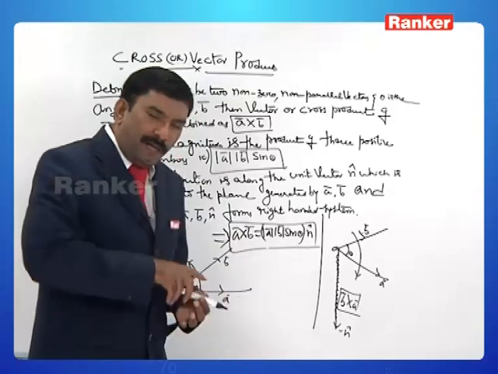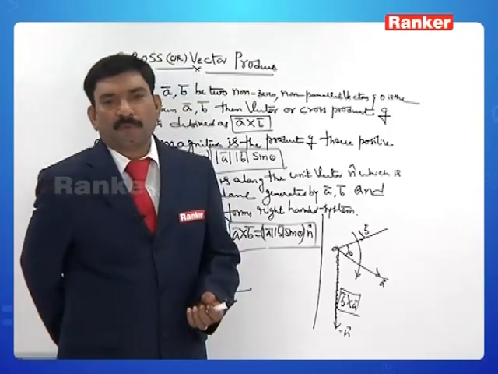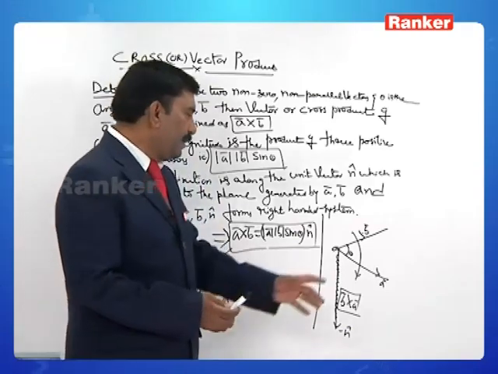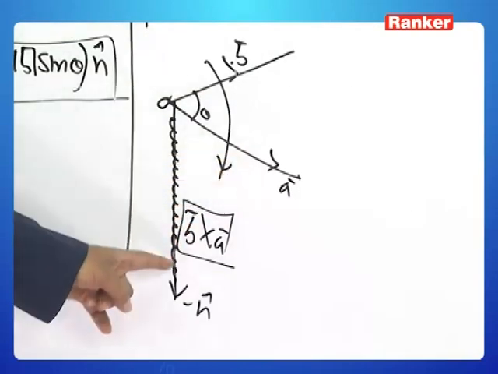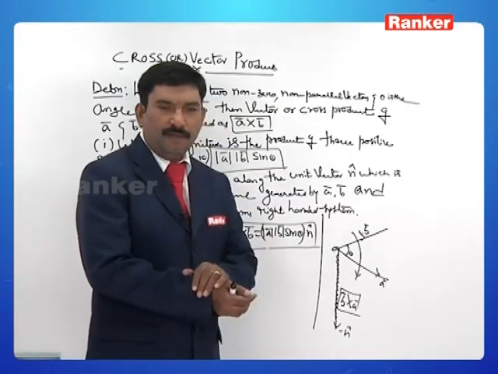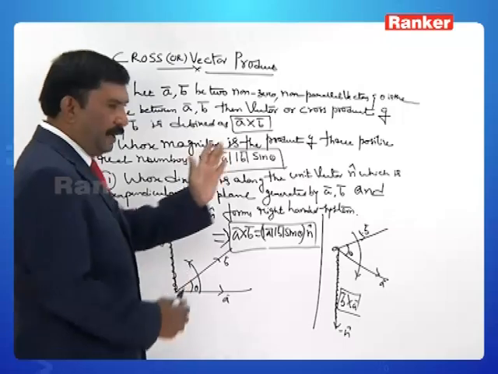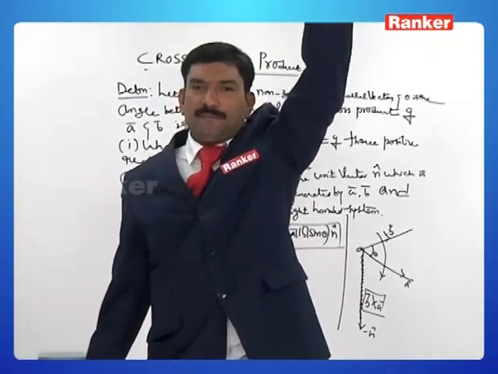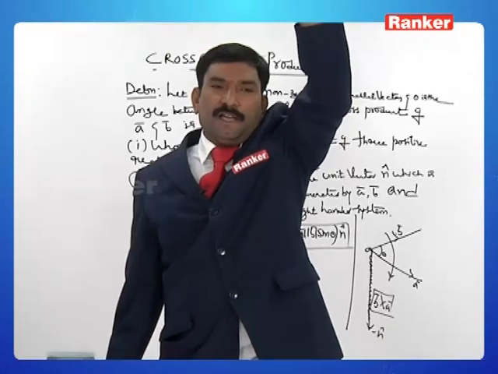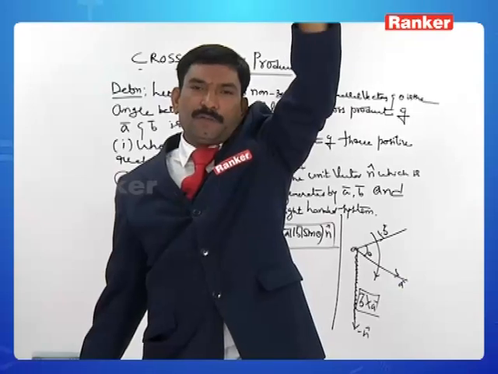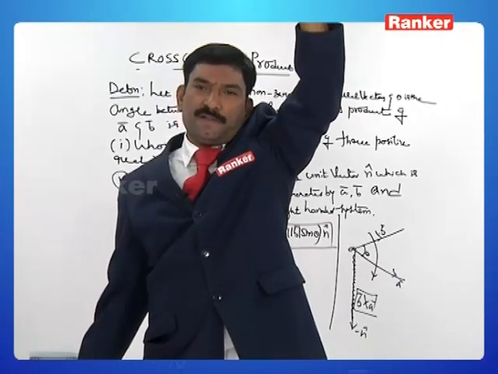When you rotate B towards A, B cross A is generated along what? This minus n cap. When compared to n cap, this is n cap, this is minus n cap. N cap is in this direction, minus n cap is in this direction. Both are opposite in direction.